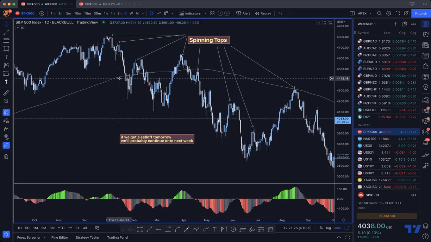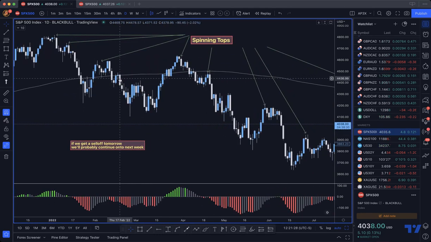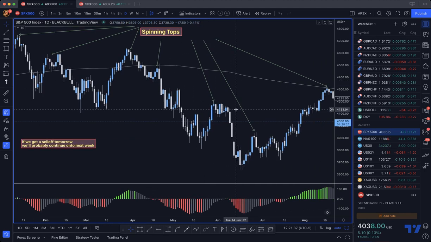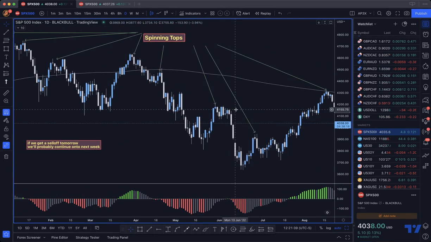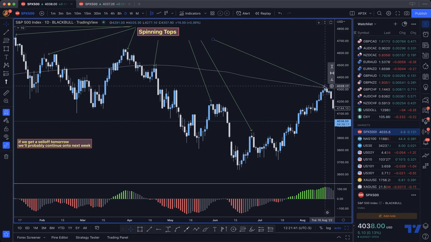Check out how S&P likes to produce spinning tops up on top. Now, this chart was posted when we were literally right here at the previous 200. I made the post saying it's going to get there.